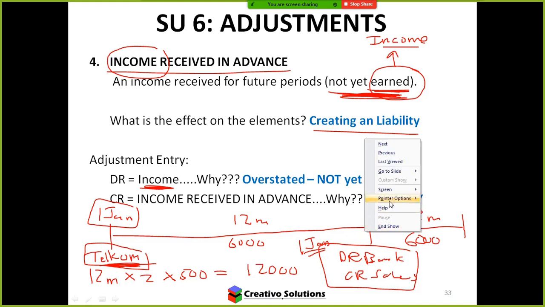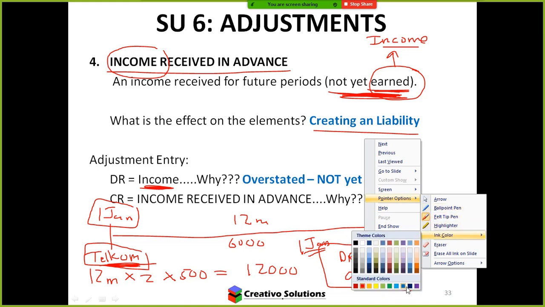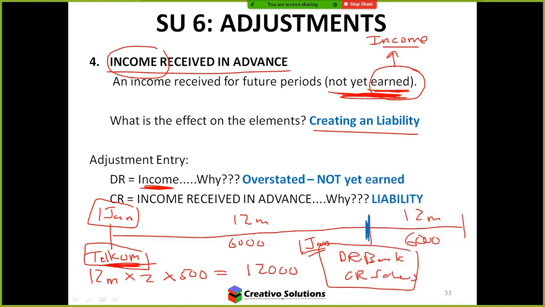But when Telkom gets to the year end, when Telkom is going to report on the previous 12 months, is Telkom going to adjust this? Yes. Telkom is going to say we received too much income, because a portion of the income we've received in advance relates to the next financial year, not the current year. So at year end, they are going to process an adjustment.